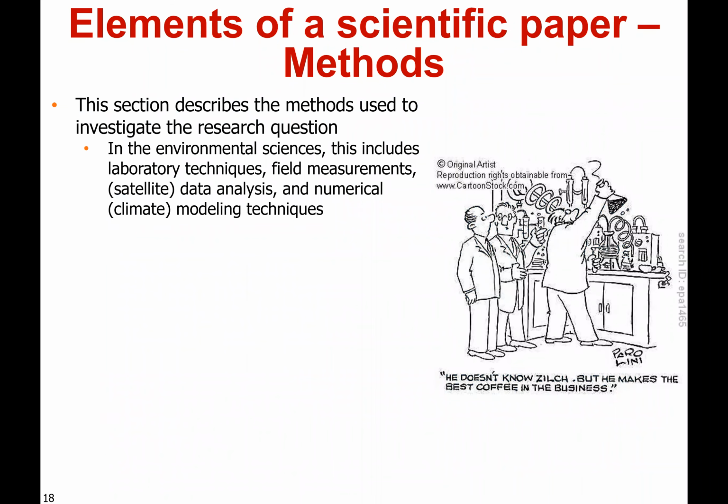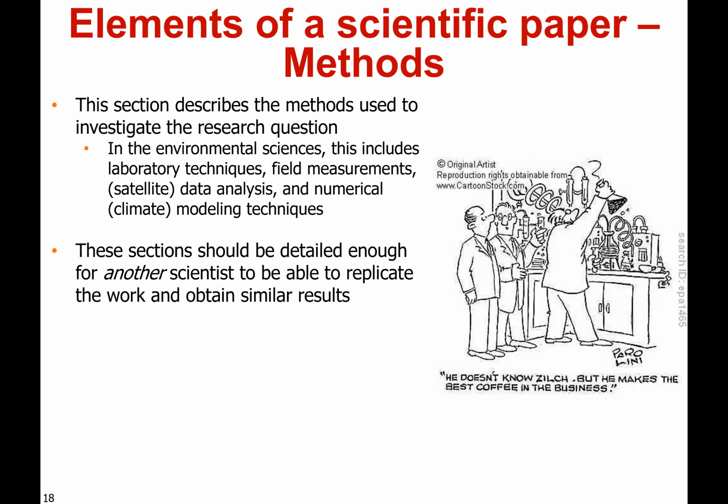Okay, then methods. This describes, of course, the methods used to investigate the research question, which in our field varies widely, right? Laboratory, field measurements, data analysis, analyzing models, climate models, satellite data. The methods are written for that small subgroup of people that might want to reproduce the results or parts of the methodology.